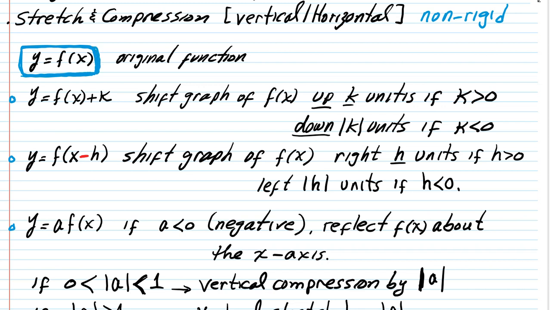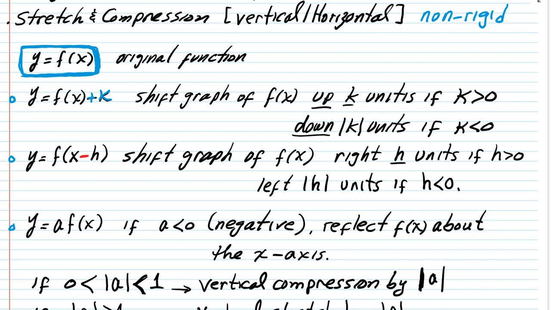Now, anytime we add a constant to the original function, so I'm looking at plus k here, where k is a constant, then depending on the value of the constant, if k is positive, it causes the graph of f of x to shift up k units. And if k is negative, then we shift it down by the absolute value of k units.